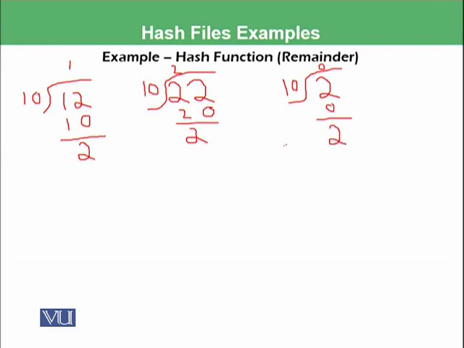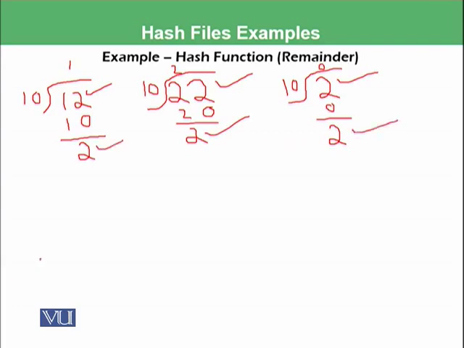So this could be one of the methods to calculate which bucket a record should go to. For example, record number 12, record number 22, and record number 2 should all go into bucket number 2, which is over here.